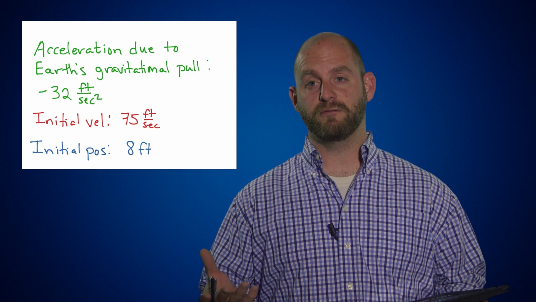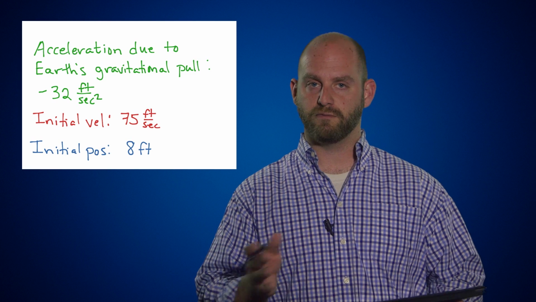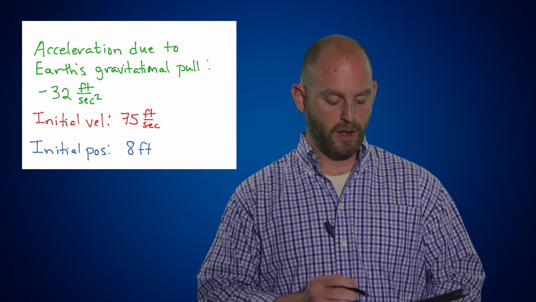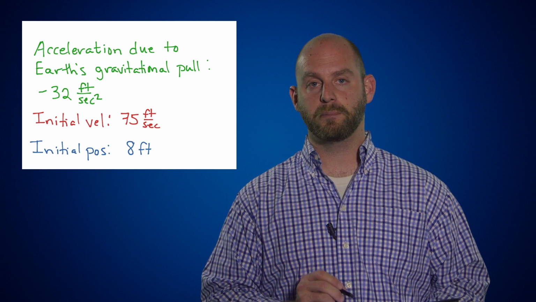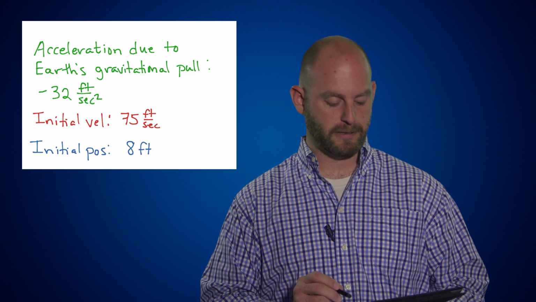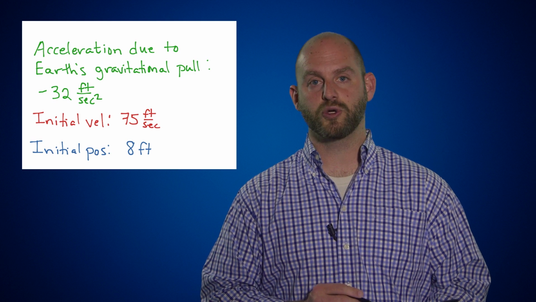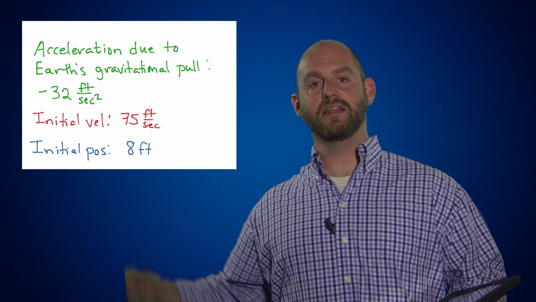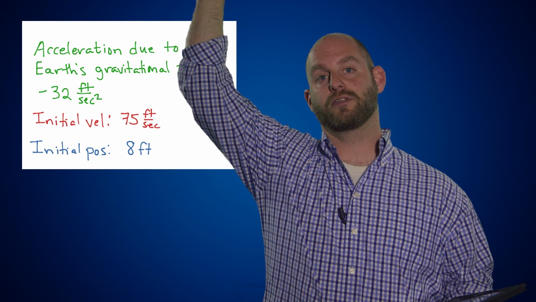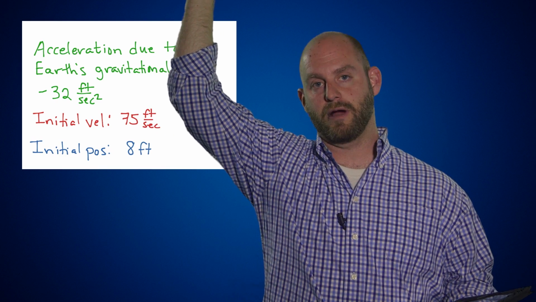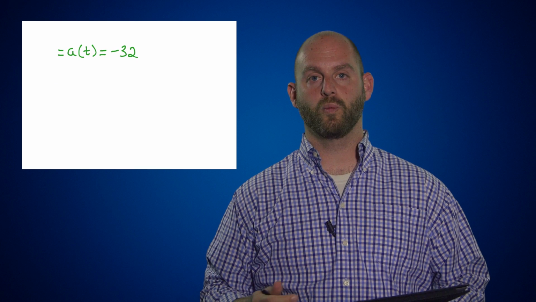So even if you threw it at 51 miles an hour, we're going to convert that to feet per second, and we're going to say that his initial velocity throwing that football straight up is 75 feet per second. And then lastly is the initial position. So we've measured that when he lets the football go, his hand of the football is exactly 8 feet above the ground.